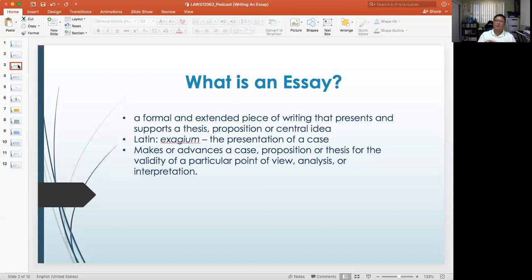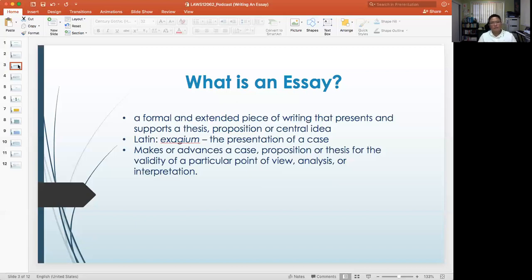It could be an essay about gun laws, and you're probably saying that guns should be banned. So that is an essay topic. You're trying to advance the idea that gun ownership shouldn't be allowed at all.